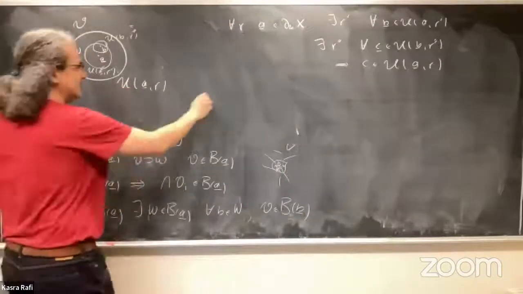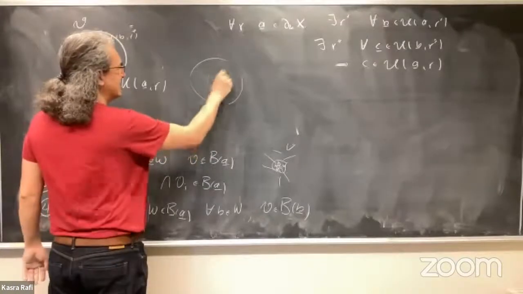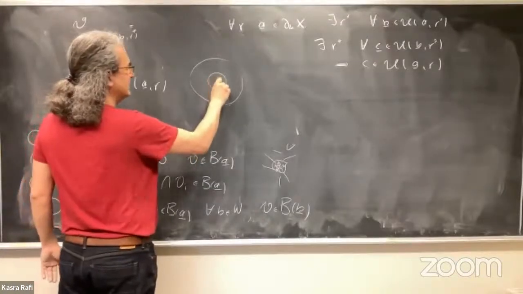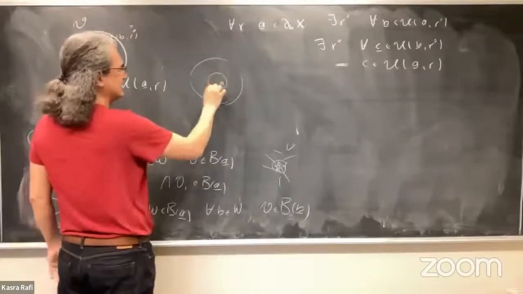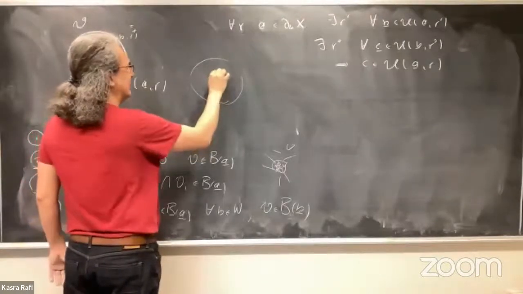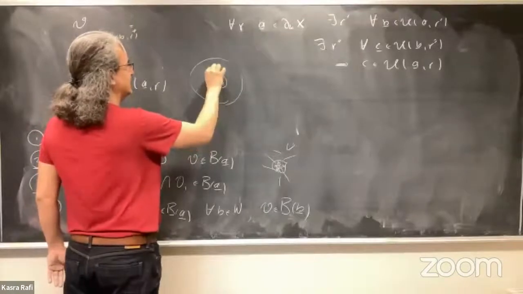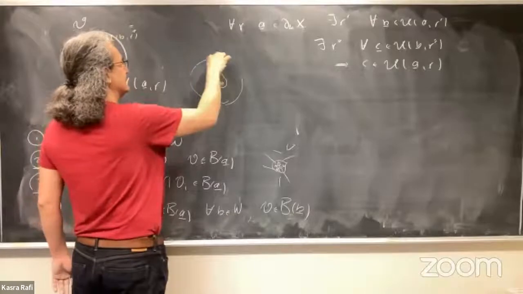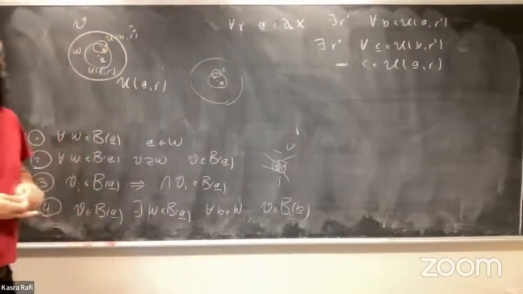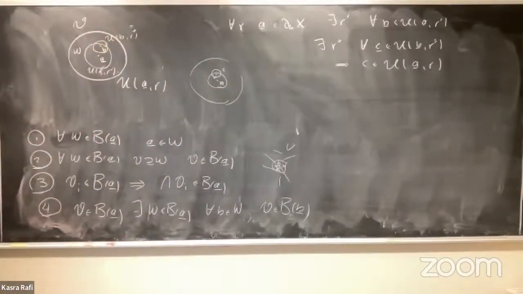So let's say it again. For every neighborhood of A, there's a smaller neighborhood of A. So this is R prime. Such that for every point B, there's a smaller neighborhood around B, such that for every point C, C is in the original neighborhood. That's all I have to show.